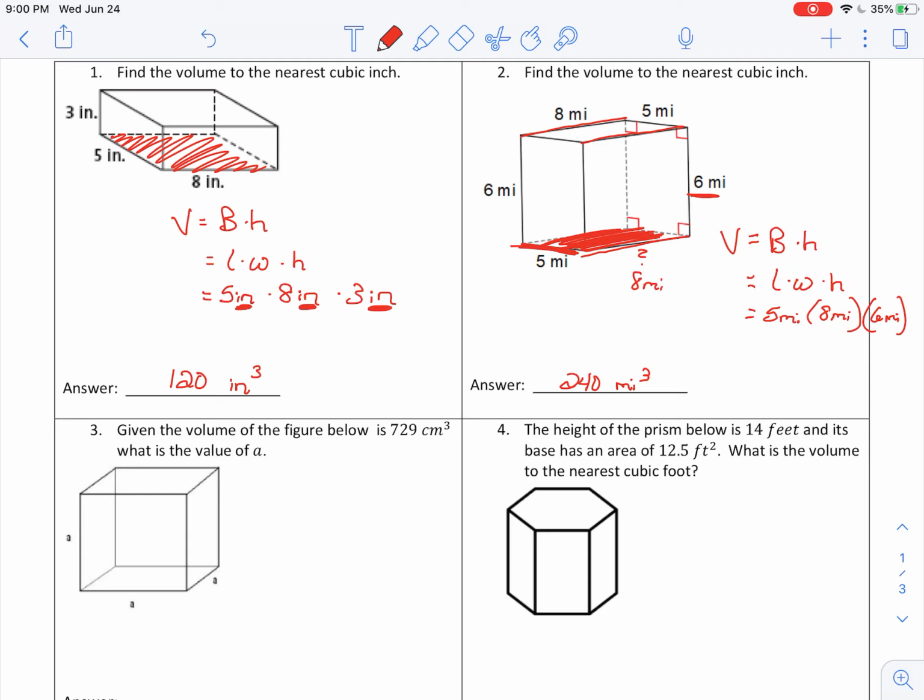I almost said square miles. Cubic units for volume. Now, you are welcome to always just think, oh, it's a rectangular prism, let's think length times width times height, and find those 3 numbers. Those 3 numbers are a 5, a 6, and an 8. Clearly, you're going to get the same answer, but it's really helpful to keep in mind it's area of the base times height for reasons like this guy down here where I'm changing the shape of the base.